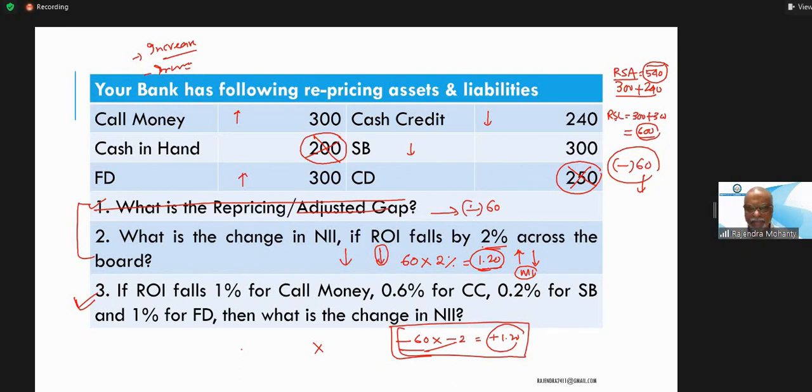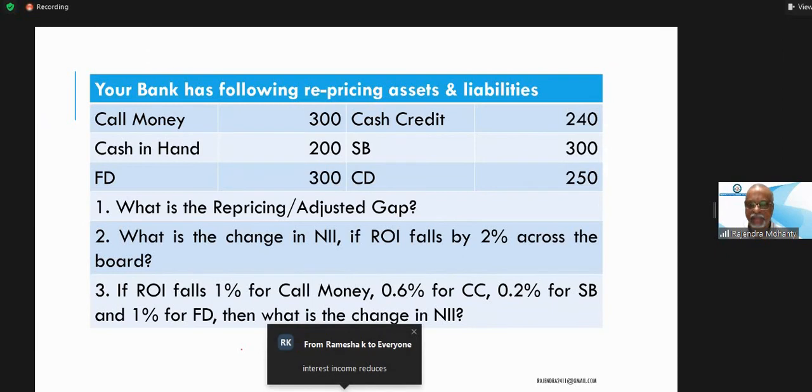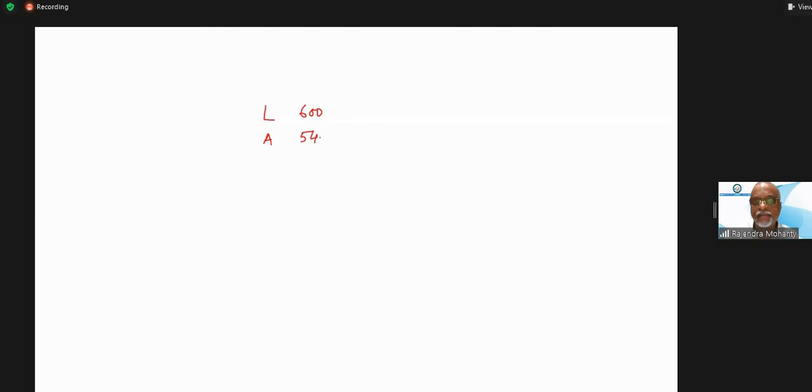Okay, so what logic should be applicable? I tell you, the simple logic is that here liability is more. Liability is 600, asset is 540. Both sides there is a fall in interest rate by 1%. That means whichever is higher, you have to see. Here liability is higher.